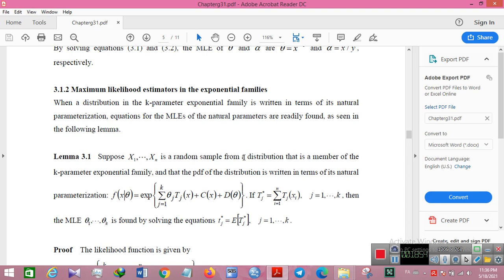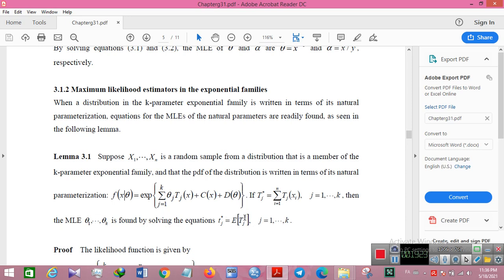Let x1 to xn be a random sample of the k-parameter exponential family with the density of that form. Define t star j equals the summation from i equals 1 to n of tj(xi), and the MLE of theta 1 to theta k is found by solving this equation.